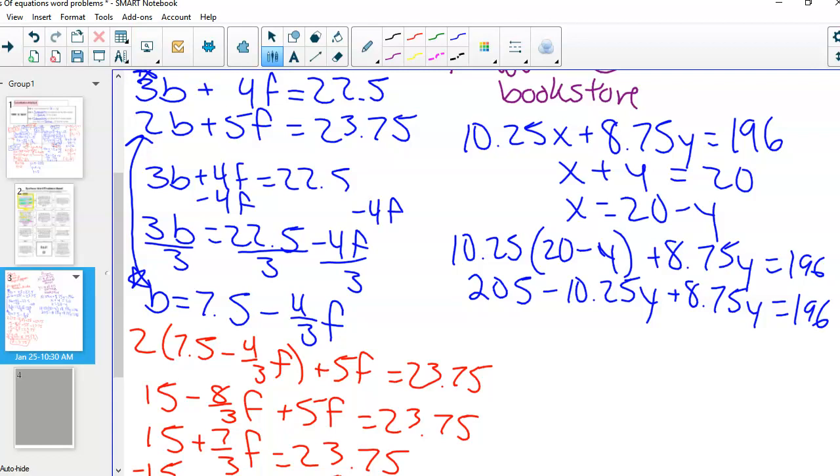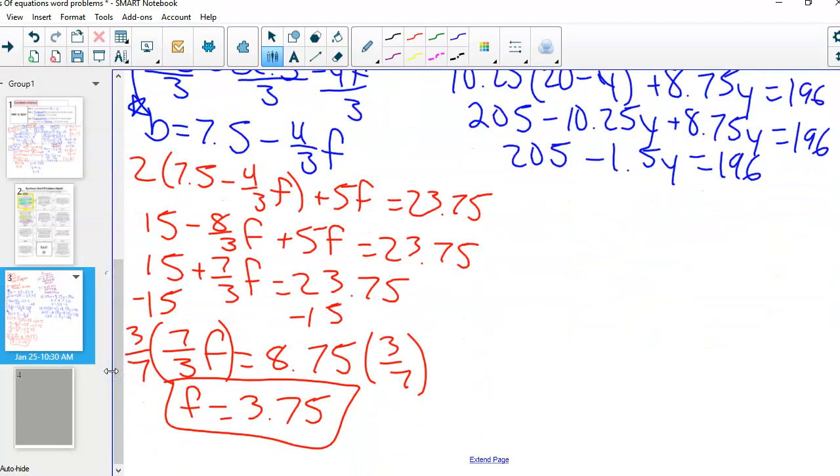Negative 10.25 plus 8.75 is what? Negative 1.5. So 205 minus 1.5Y equals 196.